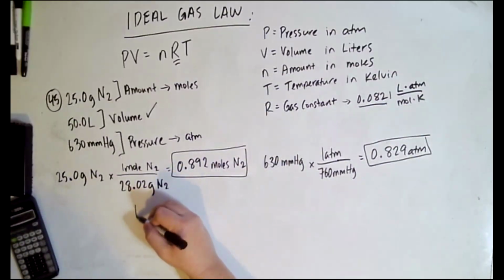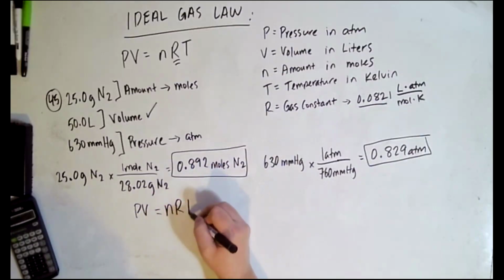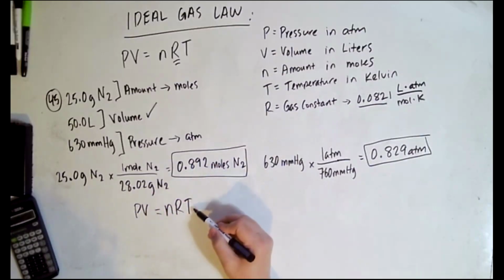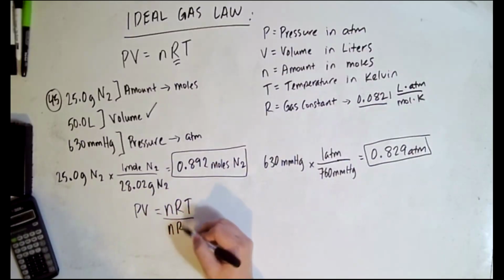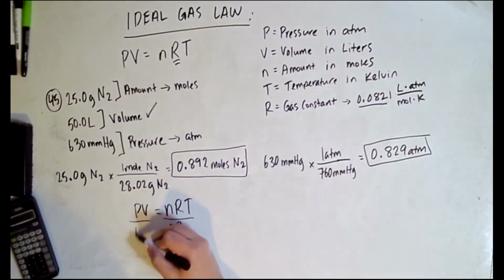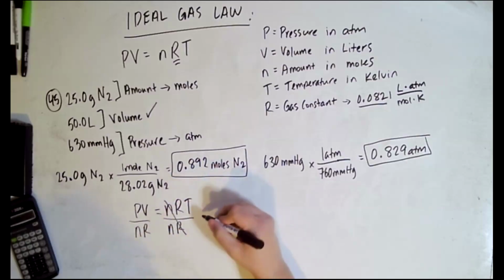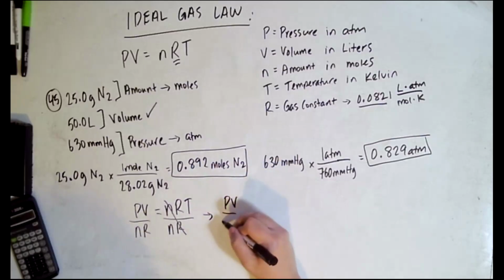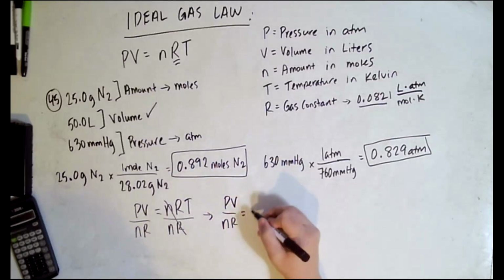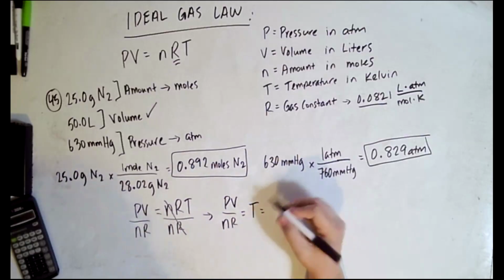So now I've got PV equals nRT, and I want to find my temperature value. So I'm going to divide both sides by nR. So what I'm going to be left with is pressure times volume over N times R equals my temperature. So now I can plug that in.